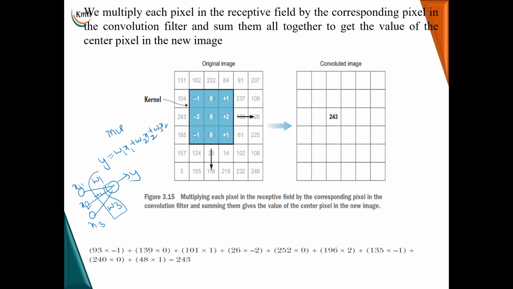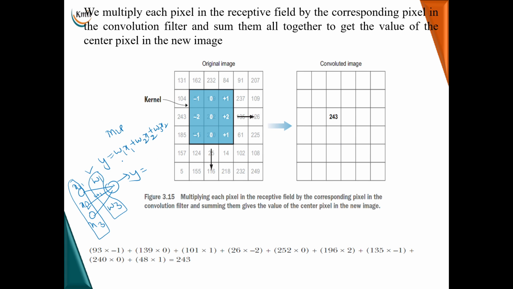These W1, W2, W3 are nothing but the filter values, or the pixel values of the filter, multiplied by the input feature. This input feature is nothing but what? The pixel values of the image, and W1, W2, W3 represent what? The pixel values of the kernel filter.